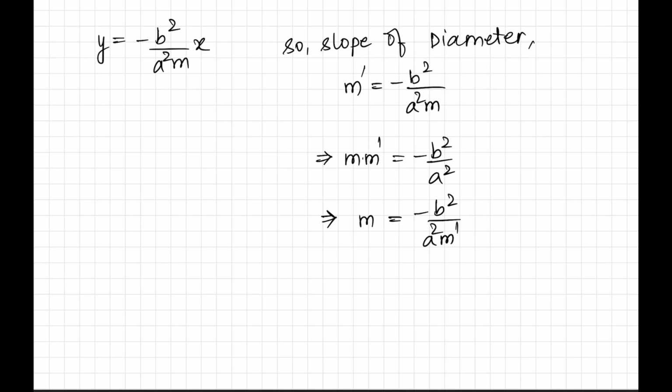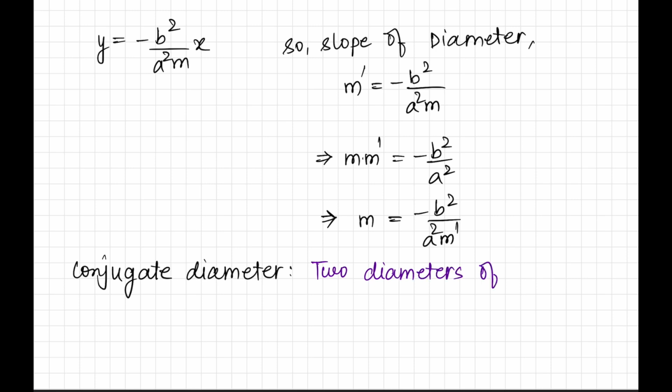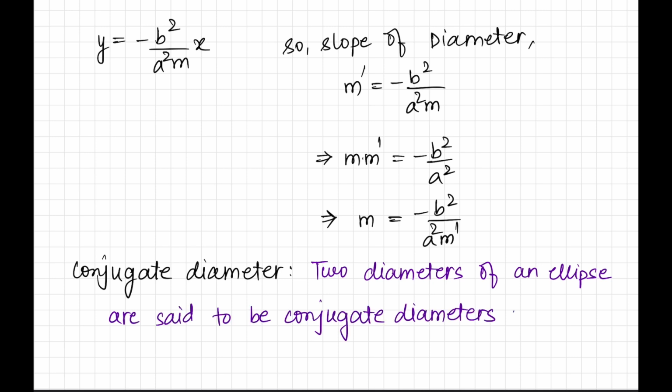What does this mean? If the slope of our system of parallel chords is m, then m dash is the slope of the diameter. And if the slope of our system of parallel chords is m dash, then m is the slope of the diameter. So basically we get two diameters for the two sets of parallel chords, and we call these conjugate diameters. Let us understand what we mean by conjugate diameters. The definition says two diameters of an ellipse are said to be conjugate diameters if each bisects the chord parallel to the other.